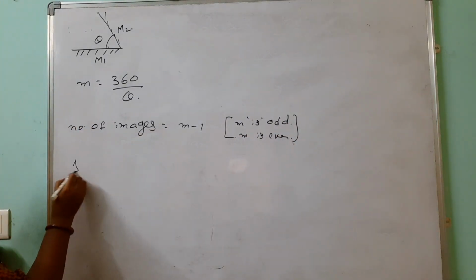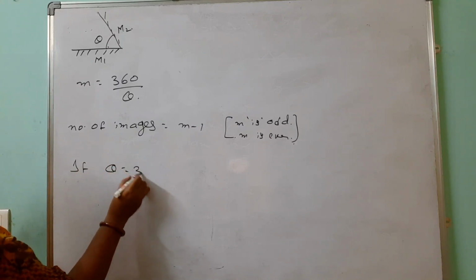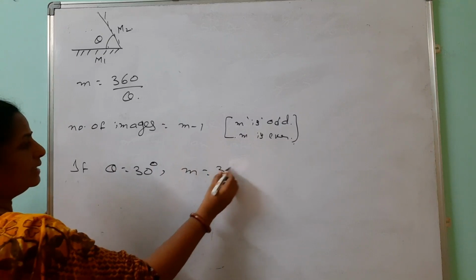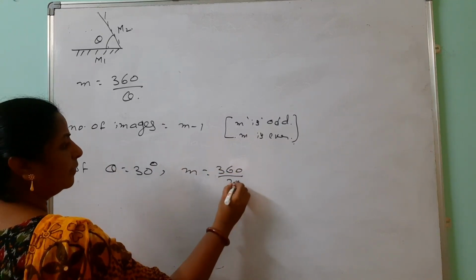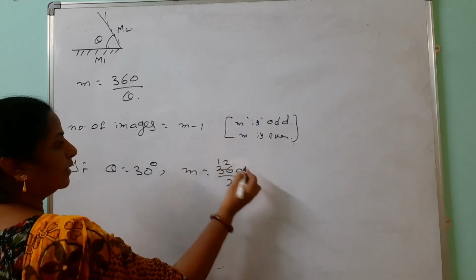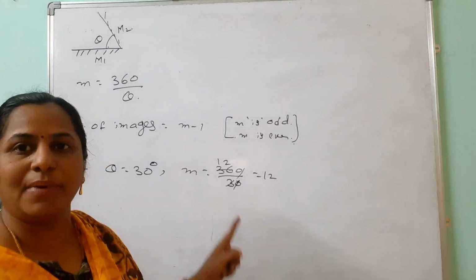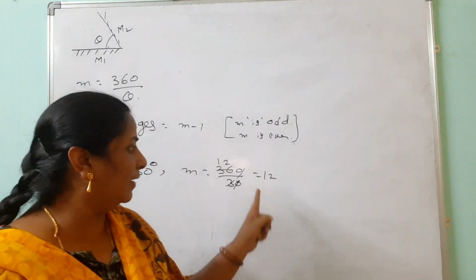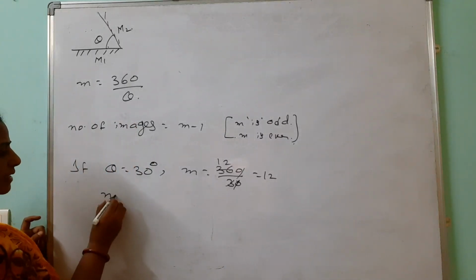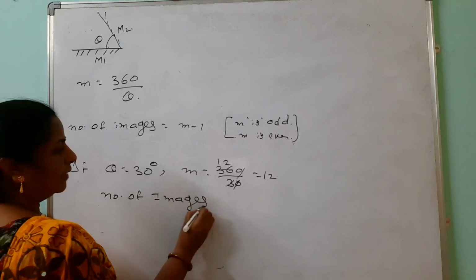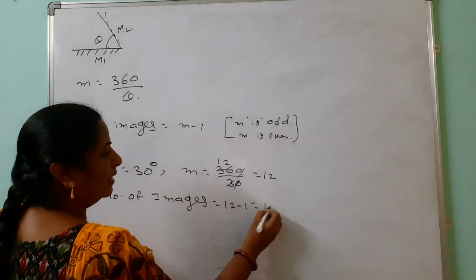Look here, if theta equals 30 degrees, what is the M value? 360 by 30. So the M value is 12. But don't give the answer as 12. How many images are there? We can say the number of images equals 12 minus 1, 11.